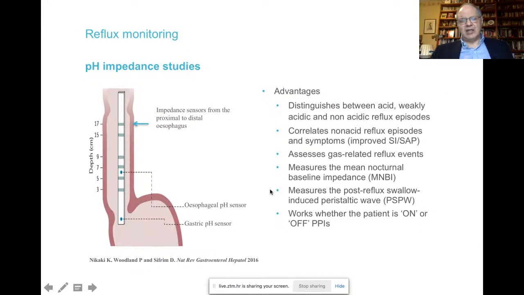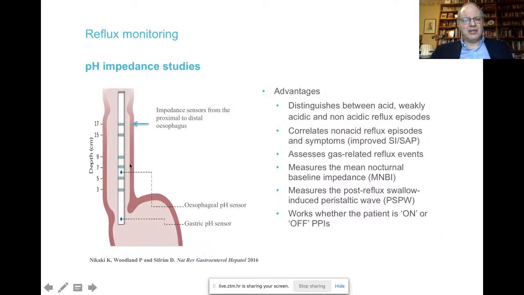Now, let's discuss a little bit more about impedance pH-metry, which is the topic of my research and most expertise. I would like to share with you a few novel data and new information. Impedance can distinguish different types of reflux episodes: acid, weakly acidic, or non-acid. It can assess gas-related reflux events.